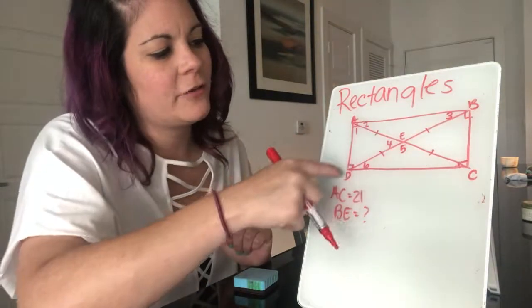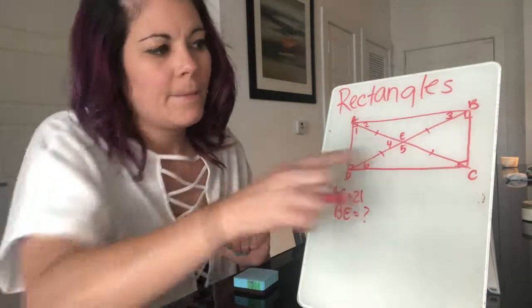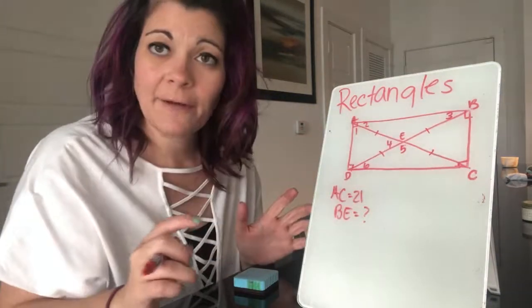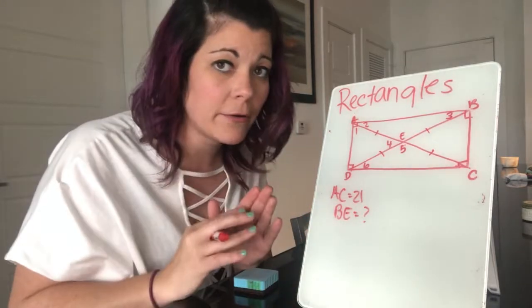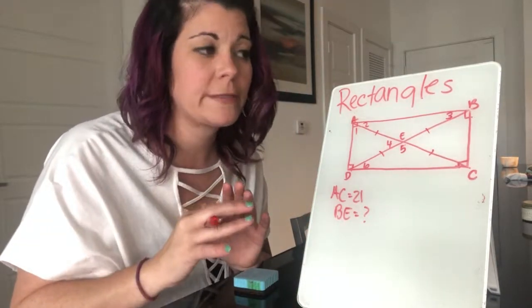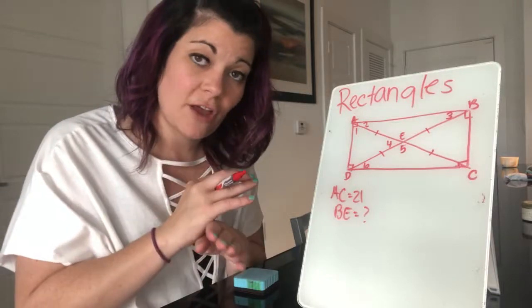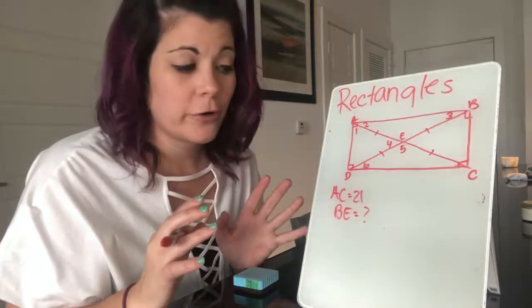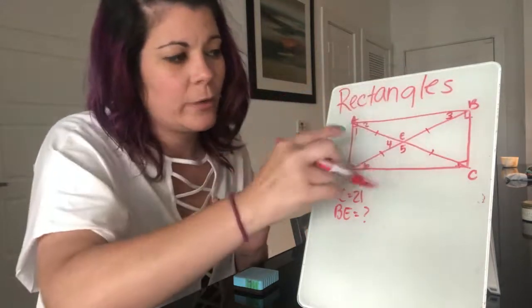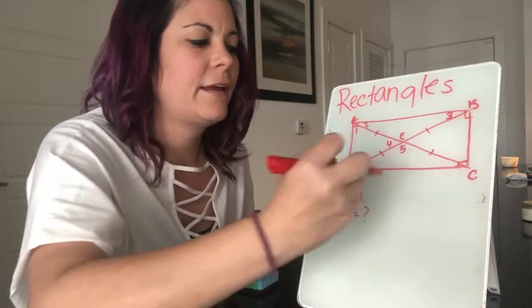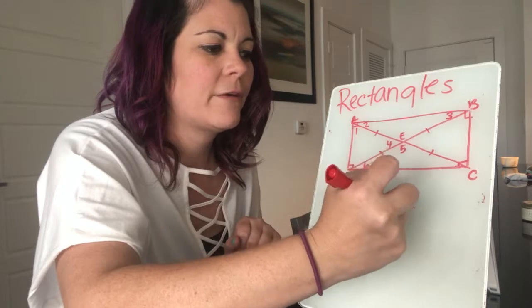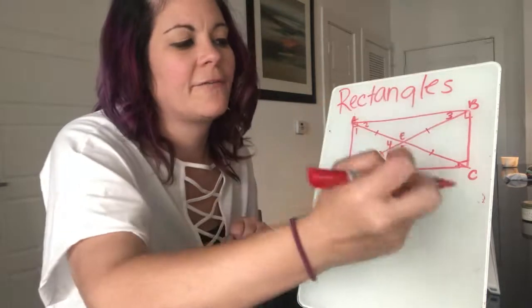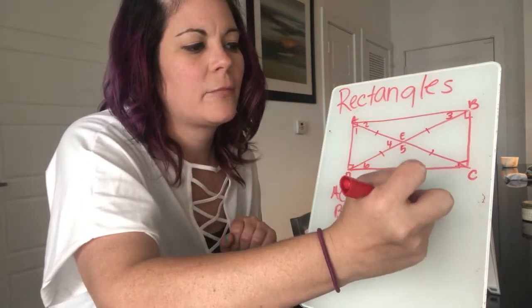So BD is 21 as well, but we just want to know BE, which is half of it. And we know because of the parallelogram properties and the rectangle properties that the diagonals bisect each other, so BE and ED are congruent as well. So all we have to do is divide 21 by 2 to find half of it. And so 10.5.